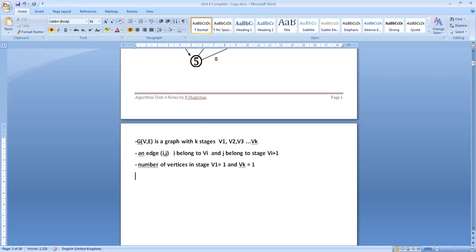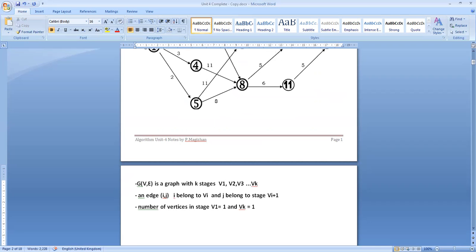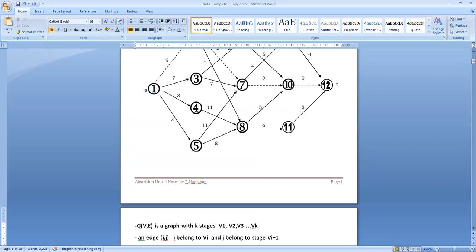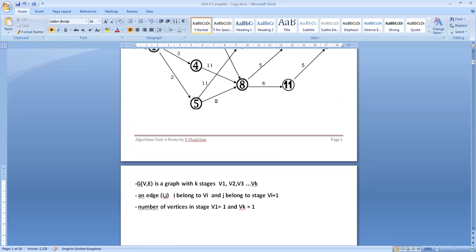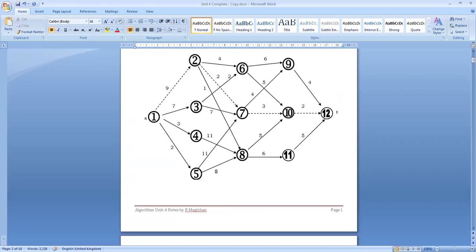Then the problem is to find the minimum cost path from, I call it the source vertex. S means source, and this 12 is the sink. Source is 1, sink is 12.